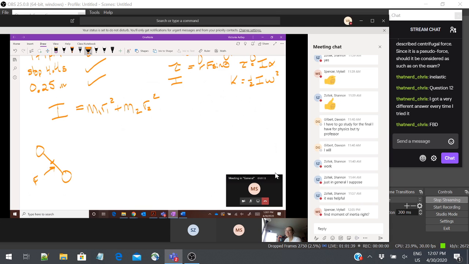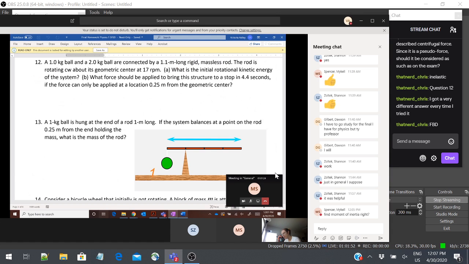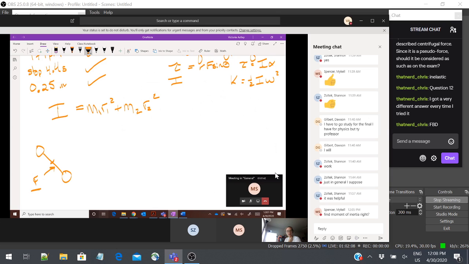Because it has a fixed axle, it doesn't matter which side we're pushing on. We don't really have any other forces. It doesn't tell us whether it's rotating vertically or horizontally, but since it doesn't give us any information about heights, we can presume it's rotating horizontally. So the only force we care about is the one we're going to apply in part B.